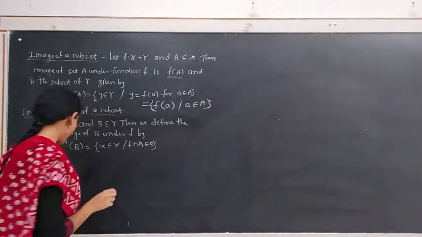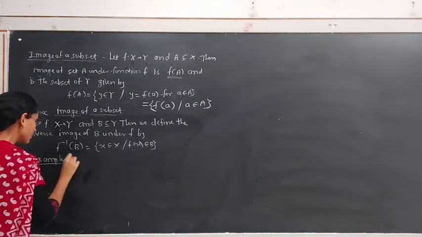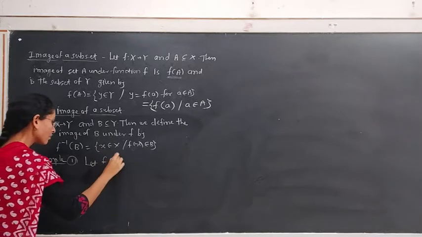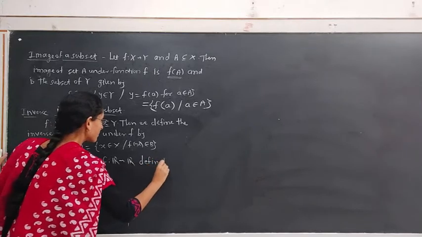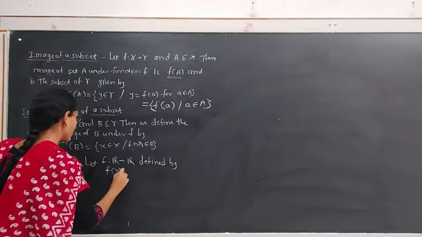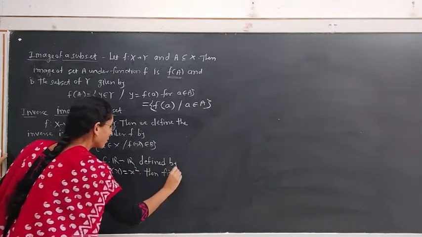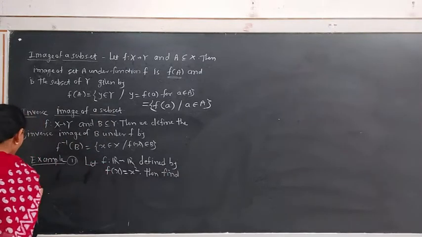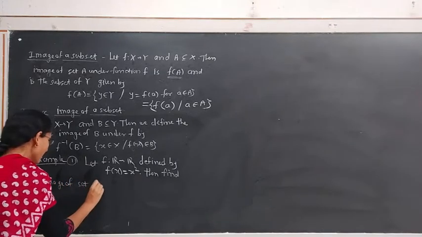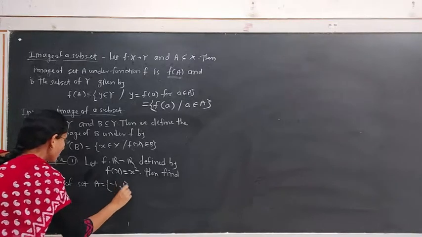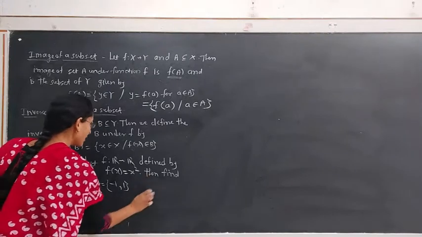If f is a function from R to R defined by f of x equals x squared, then find the image of set A equal to {-1, 1} under the function f.